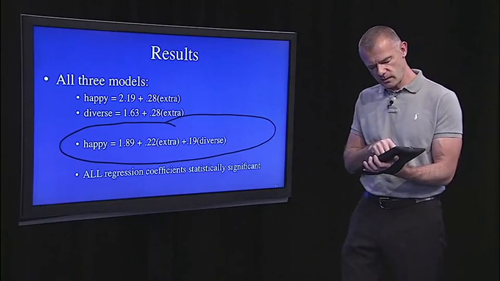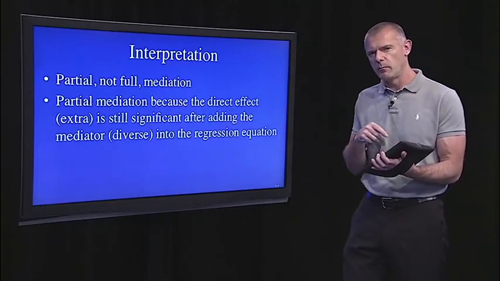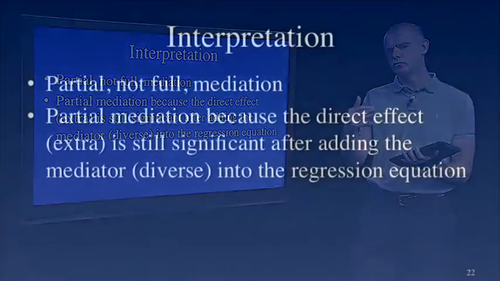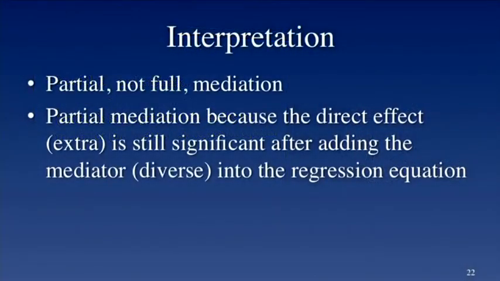So what we're seeing here is evidence of partial mediation, because that direct path didn't drop all the way to 0. It actually only dropped a few points. So it went from a nice positive slope to just slightly less than where it started.